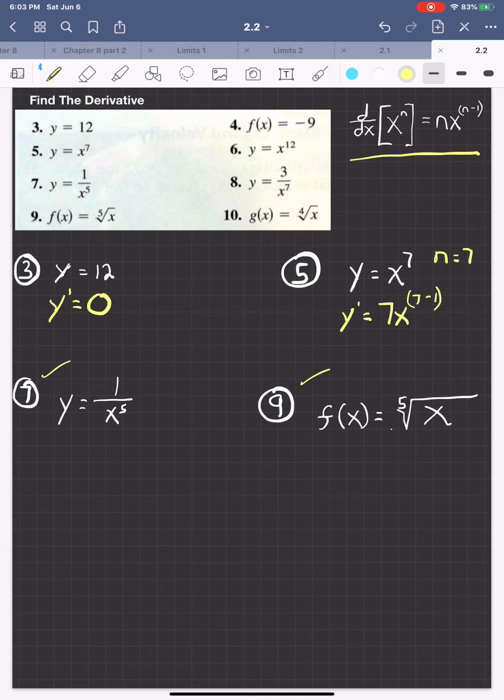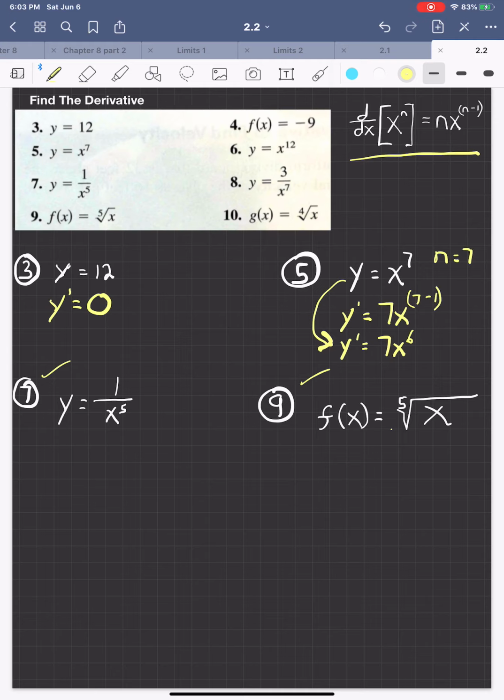Let's go ahead and finish it. So y prime is therefore equal to 7x to the power of 6. You are welcome to jump from this step to this step. I was just writing it out so that you have good notes for your tests, depending on which one of my classes you're in.